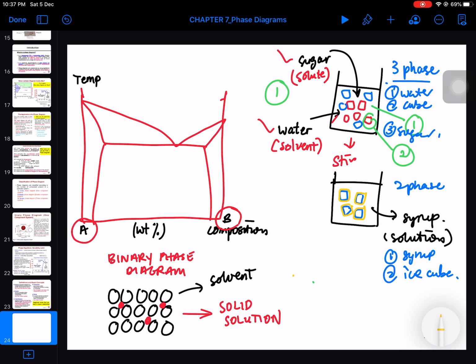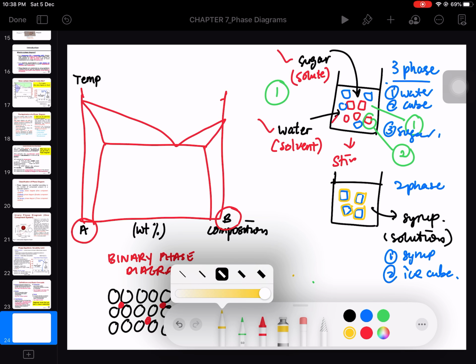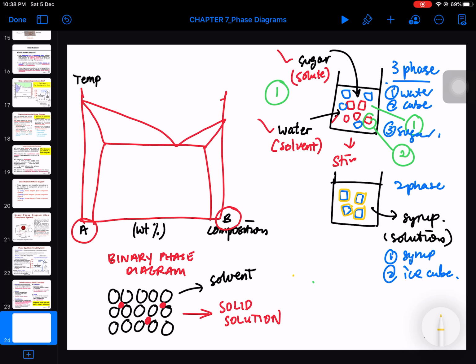Right, so if we look at the binary phase diagram here on your left-hand side, we'll have the phase boundaries here. All the lines here refer to the phase boundaries. They separate the phases within the binary phase diagram.